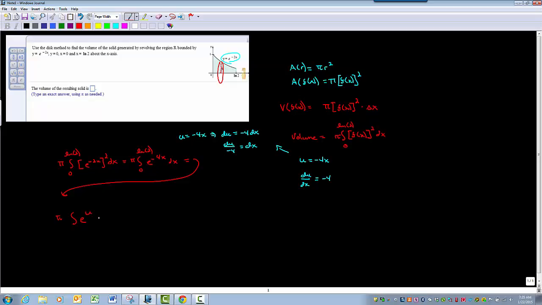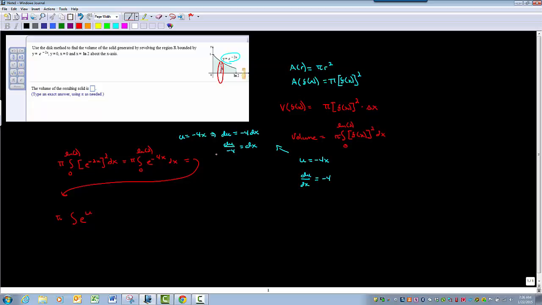So e to the u, and now dx, well, what is dx equal to? We have to replace that, because if I just leave dx in here, these variables don't match. So that's no good. So I want to have du in here. Well, I know that dx is du over negative 4.